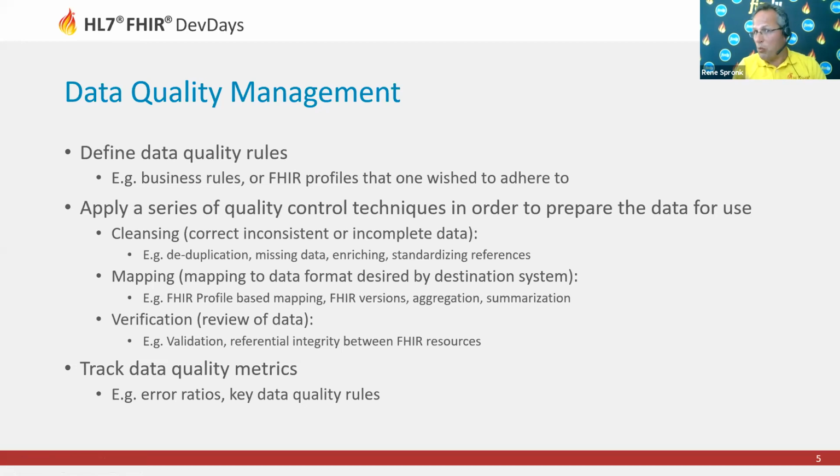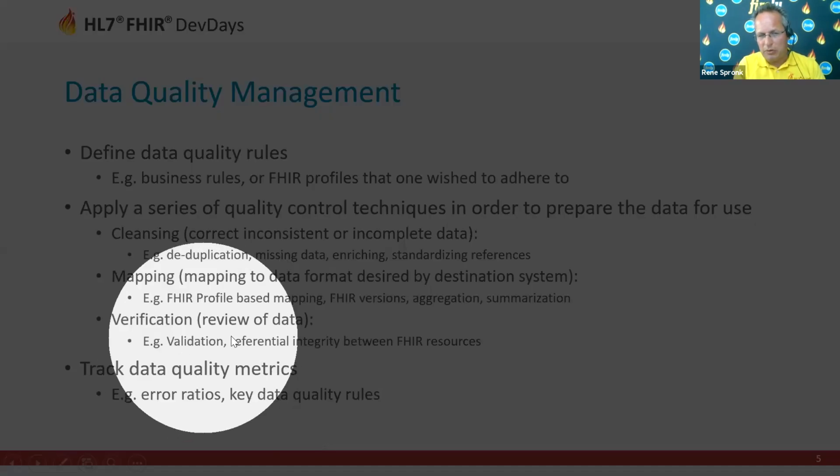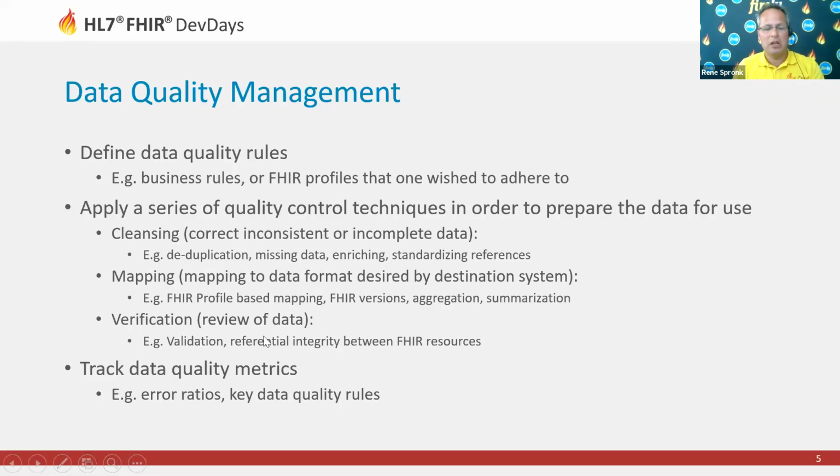This could be from one format to another, but also things like aggregation. We have 2 different resource types on the source server, but the destination only supports one of those, so an amalgamation of the content of the 2 resources that we had on the source system. And finally, verification. And verification is validation, to see whether the data is now fit to be used in a particular context.